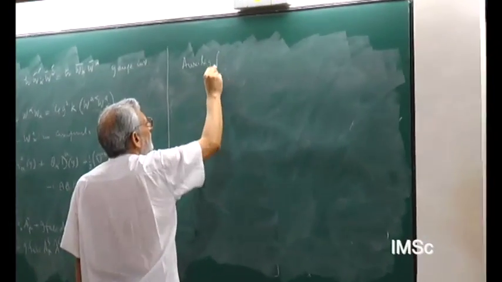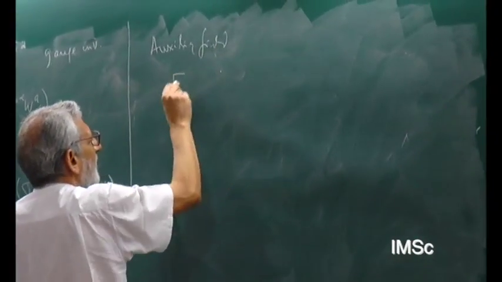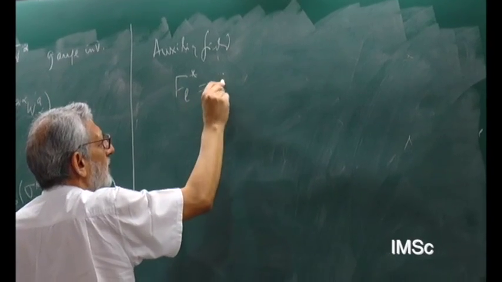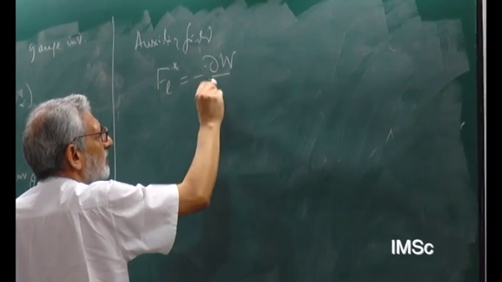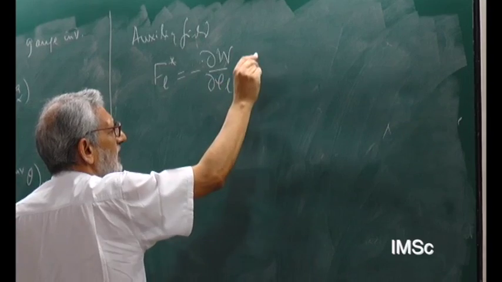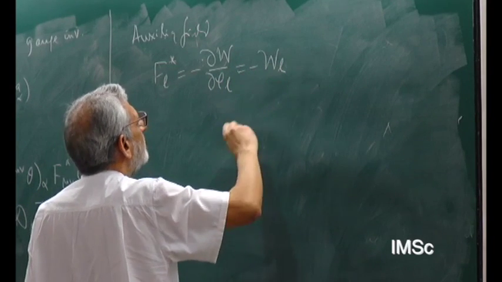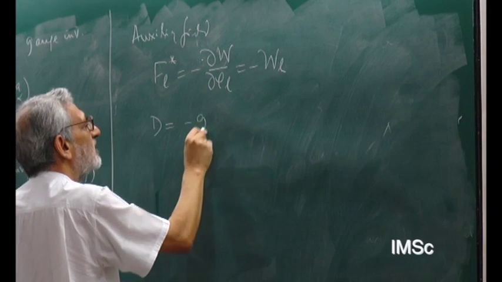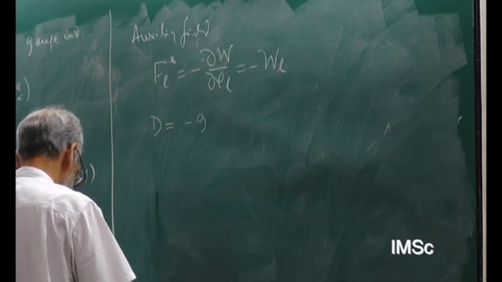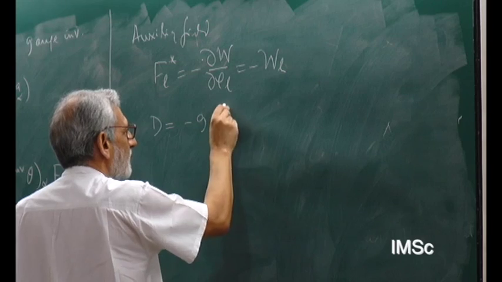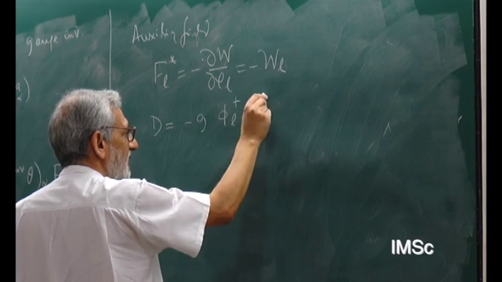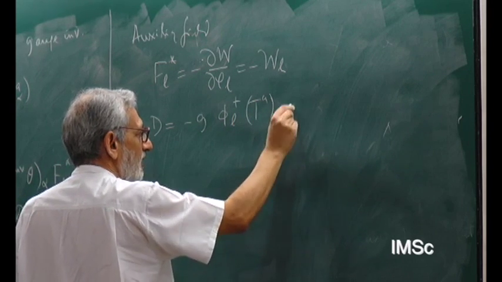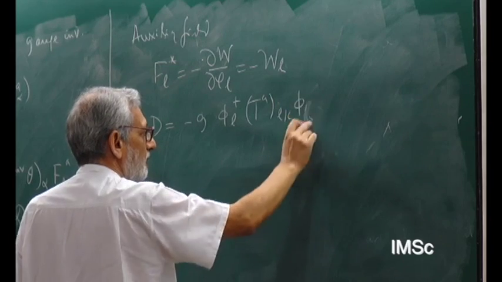F_L star would be minus the superpotential first derivative, which is the same as what we call F_L, and D^A would be minus g φ_L† T^A_{LK} φ_K.